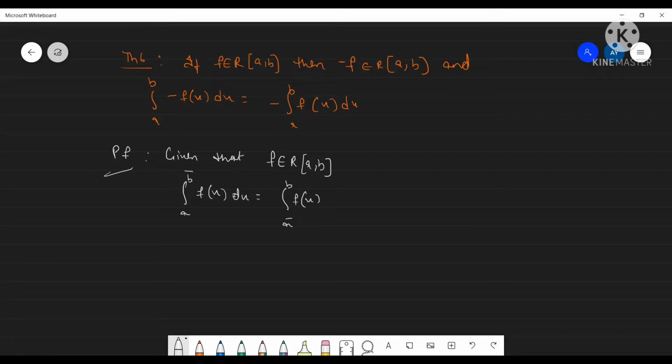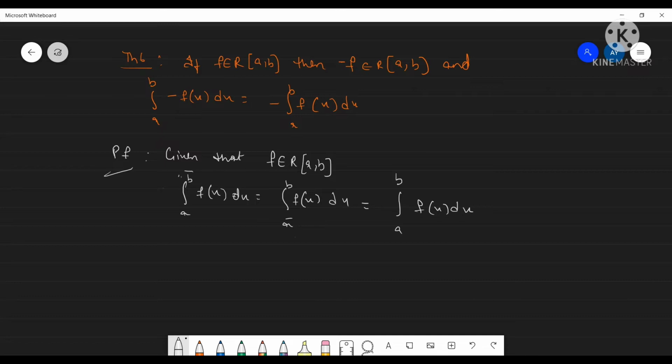Lower Riemann and upper Riemann are equal. Whenever they are equal, you can write it on the whole interval as the integral from a to b of f(x) dx.